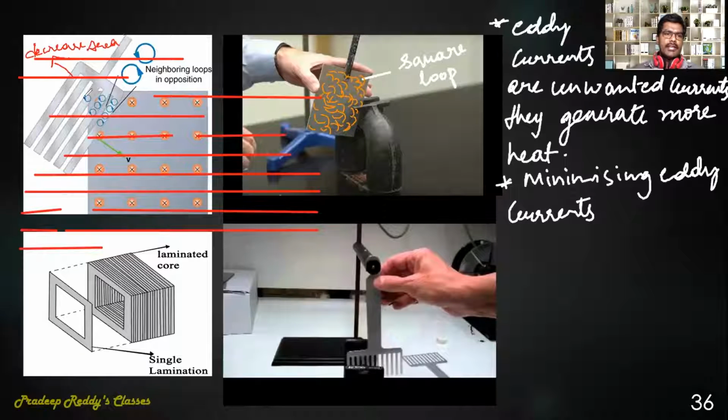Now the eddies which are produced are able to move only within these small portions. Instead of moving randomly throughout the area, they are restricted to move only in a specific portion of the conductor. Therefore, we can reduce eddy currents by making such laminated sheets.